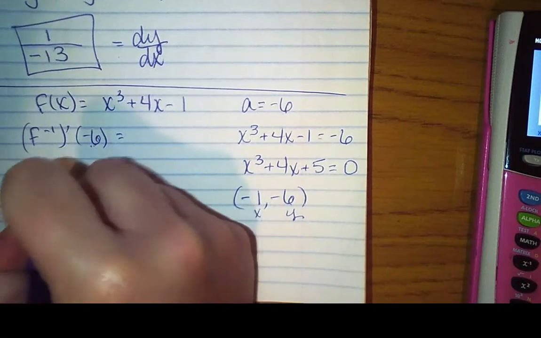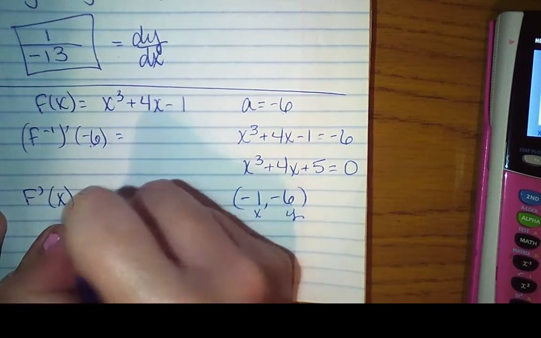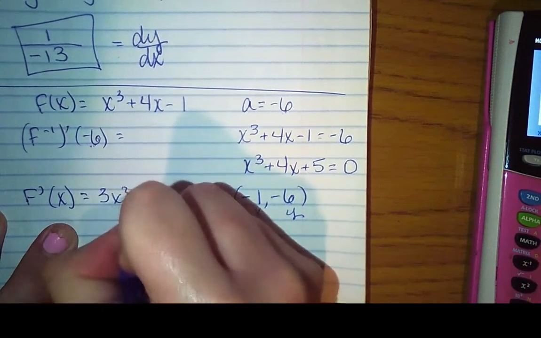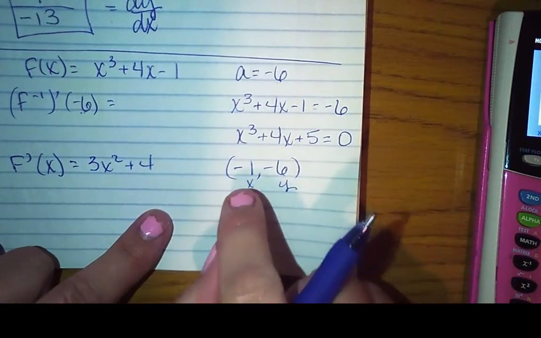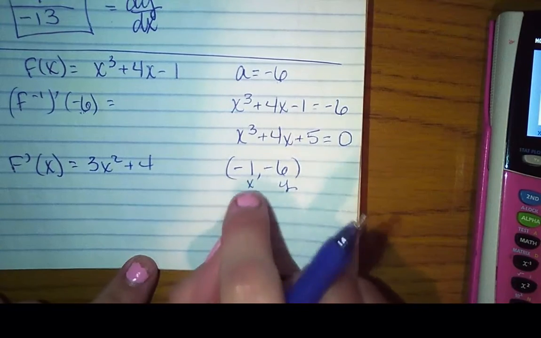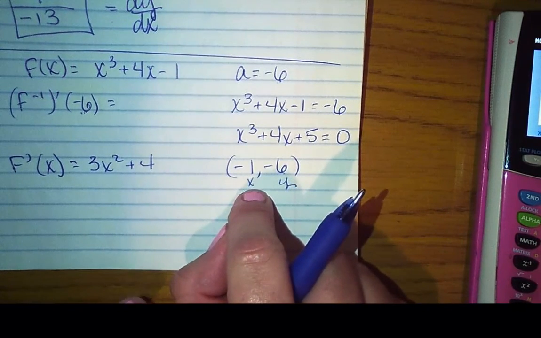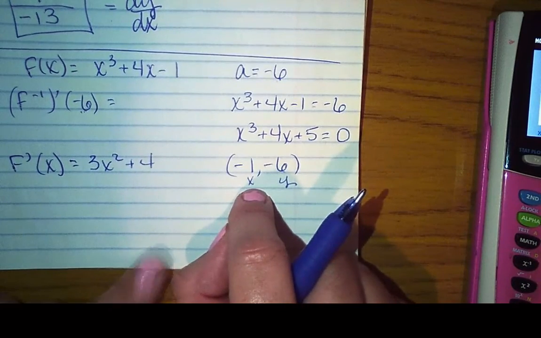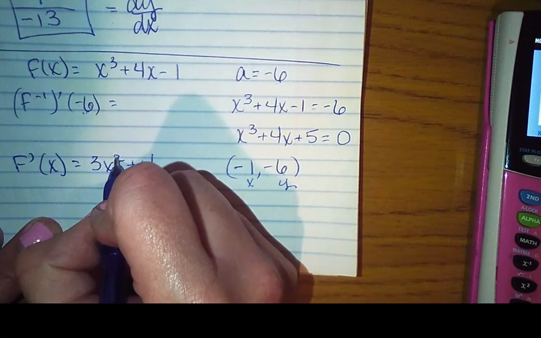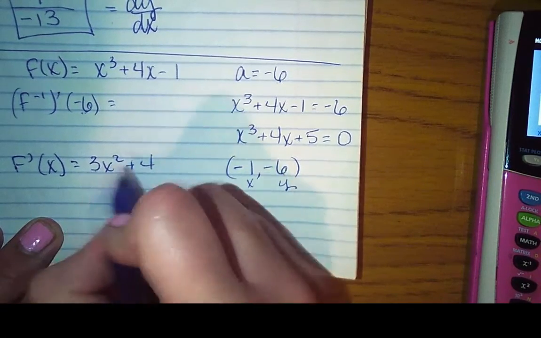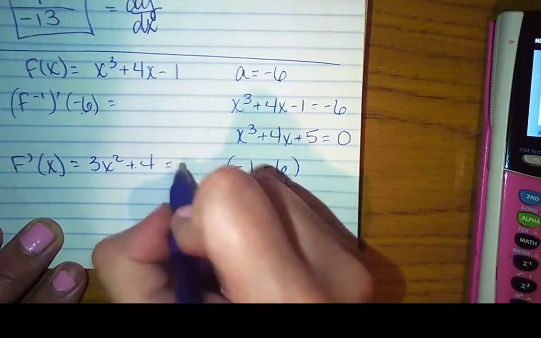So take the derivative of your original, which is 3x squared plus 4, and evaluate it at the x value you just found. Evaluate it at -1. So -1 squared is 1, times 3 plus 4 is 7.